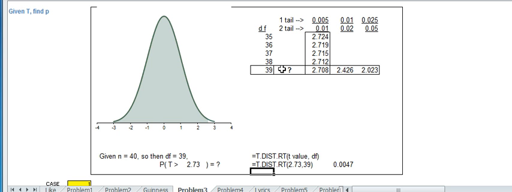If the 2.73 did appear, it would be to the left of this 0.005. So we know the probability will be smaller than 0.005, but we don't know from the table what it is. Excel will tell you exactly, with =T.DIST.RT, then parentheses, the t value and the degrees of freedom, and its value is 0.0047, which is indeed less than the one tail from the table.